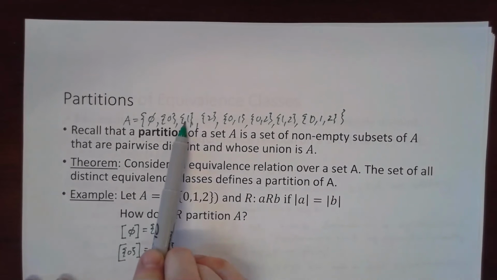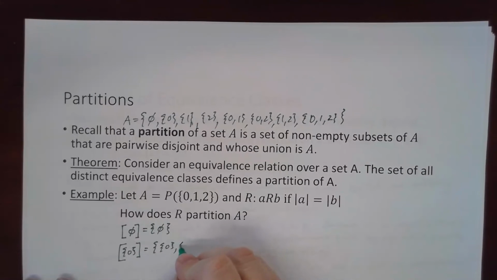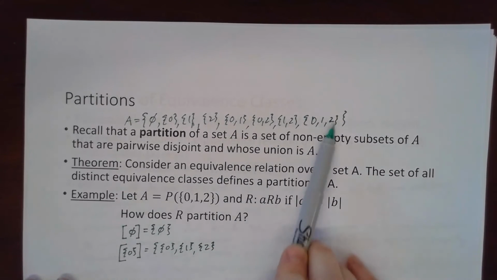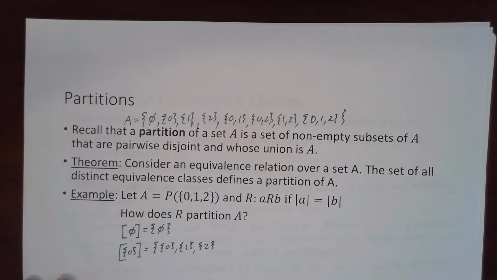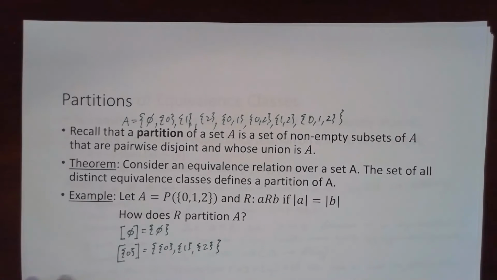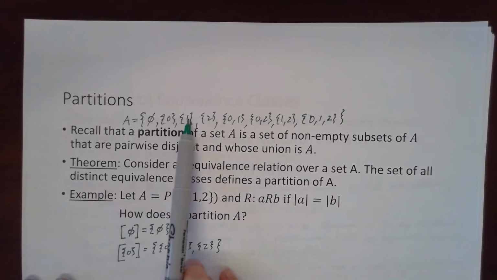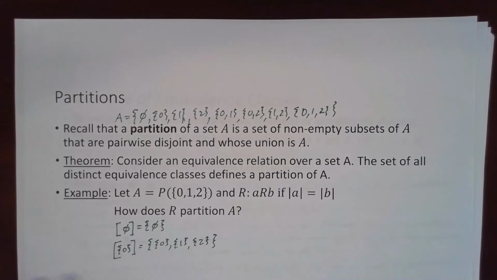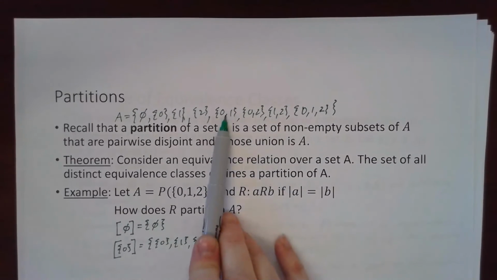Sure, this one and this one, they both have just one element. So those ones would be in there. But these ones have cardinality of 2, this one has cardinality of 3, they're not in this one. Now all 3 of these, we've already put them in a set, so we don't need to consider them. Let's go on to this one.